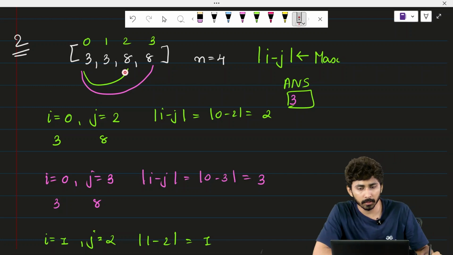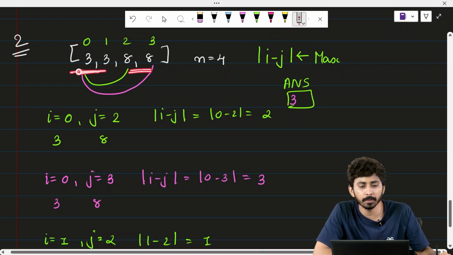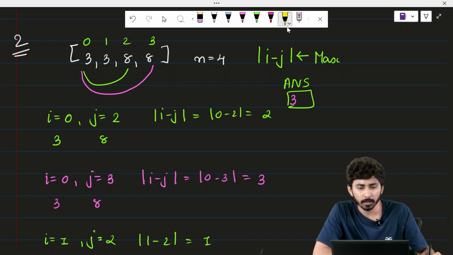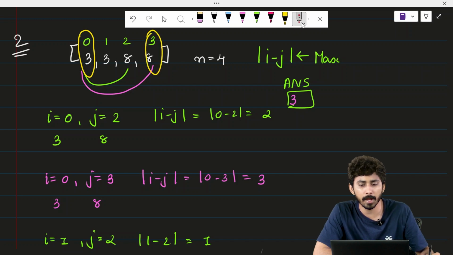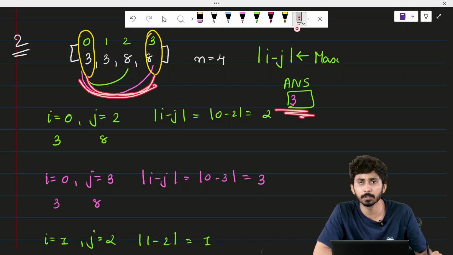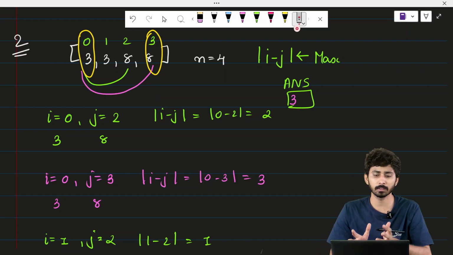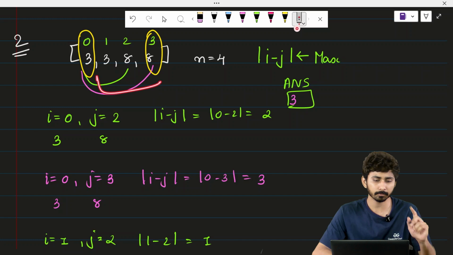So here, do you think all the pairs that 3 is forming with 8 are required? If your answer is no, then which pair is required? So here you can say the minimum index of 3 and the maximum index of 8 basically give the maximum answer over here. All the rest of the pairs give an answer which is less compared to the maximum answer.